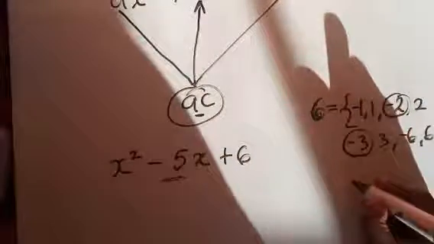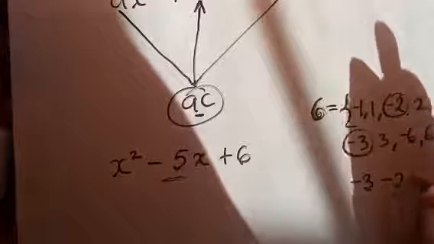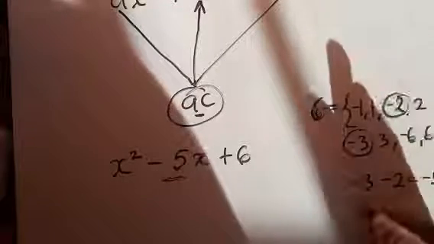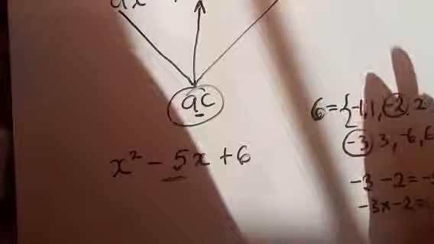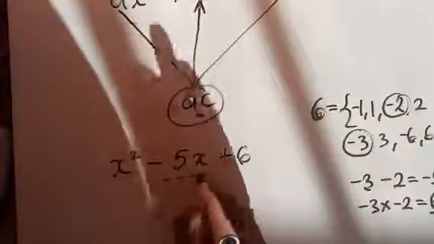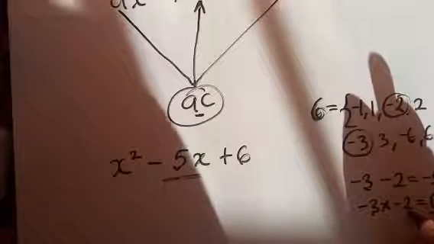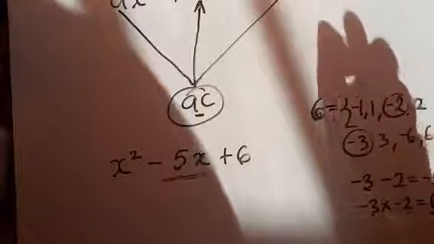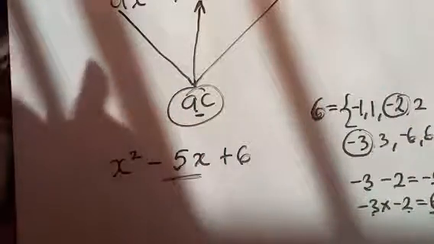So realize that negative 3 plus negative 2 is equal to negative 5. Negative 3 times negative 2 will give me positive 6. So in place of 5x, we have negative 3, negative 2. We just have to arrange the equation in such a manner that it is well accepted.